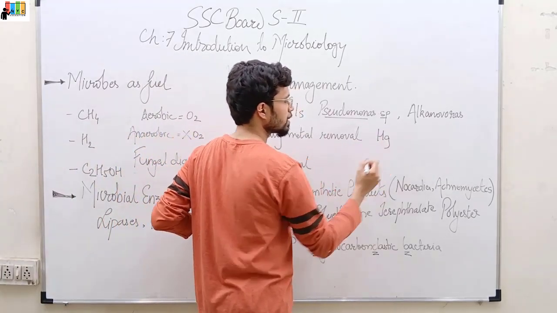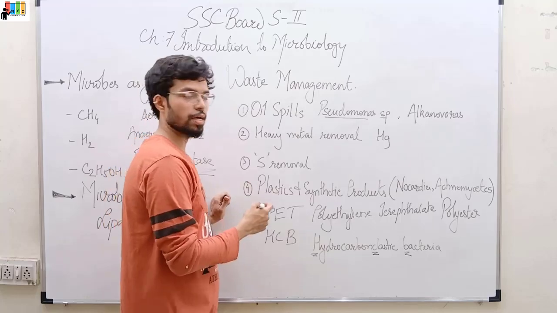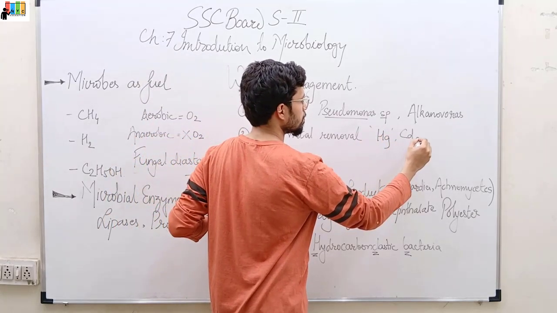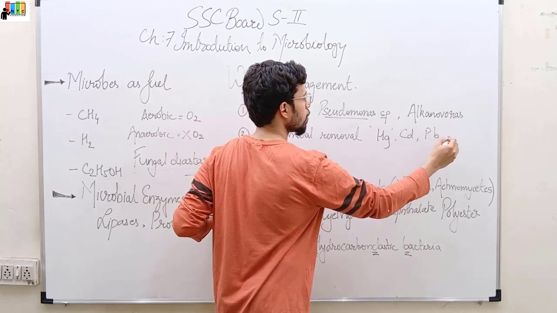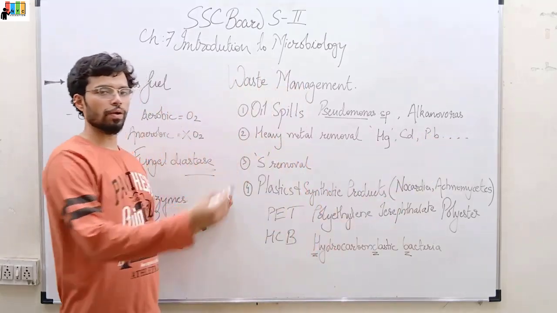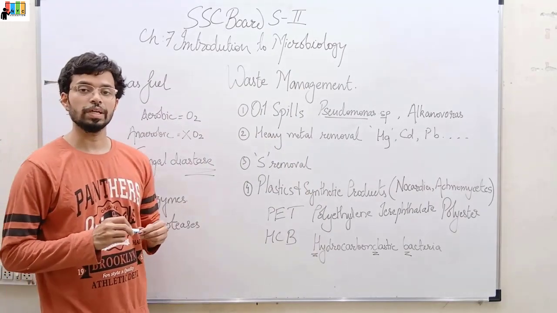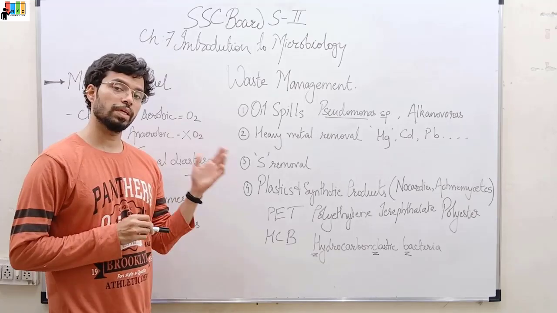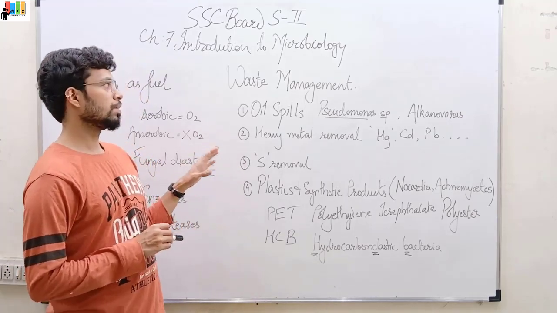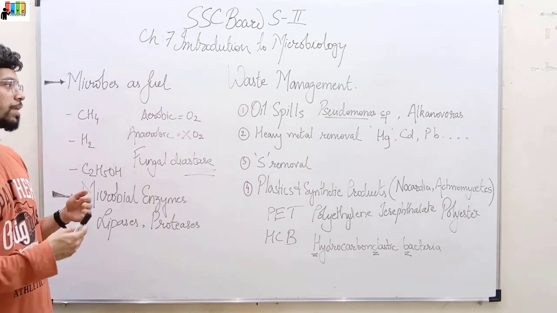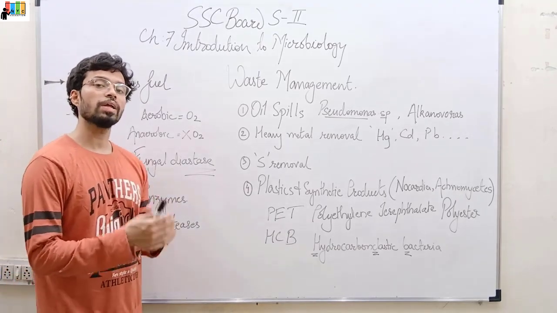The best is that which is present in the thermometer, hydrargyrum or mercury, Hg. Then you have cadmium, you have lead, okay, so on and so forth. You can add on to the list. So when microbes are utilized to quench or chelate these heavy metals from the environment, they are going to be termed as waste managers or organisms that are used to clear out heavy metals.